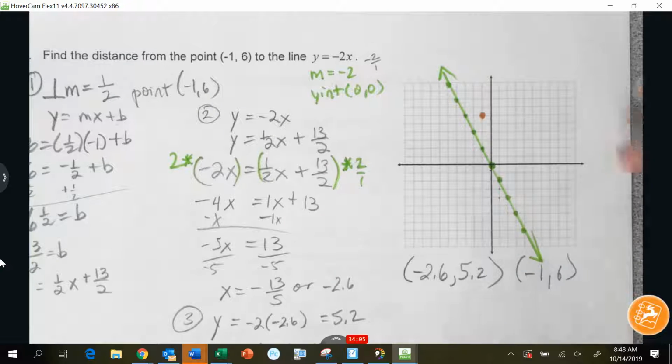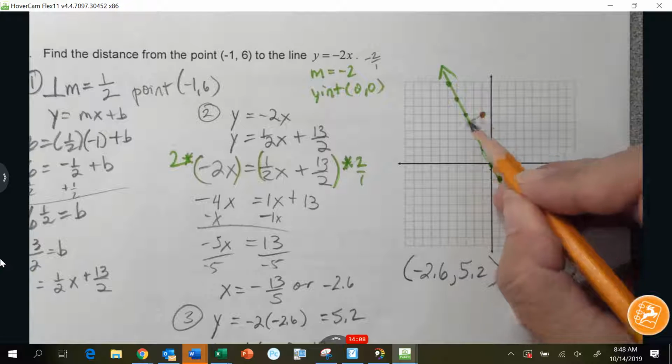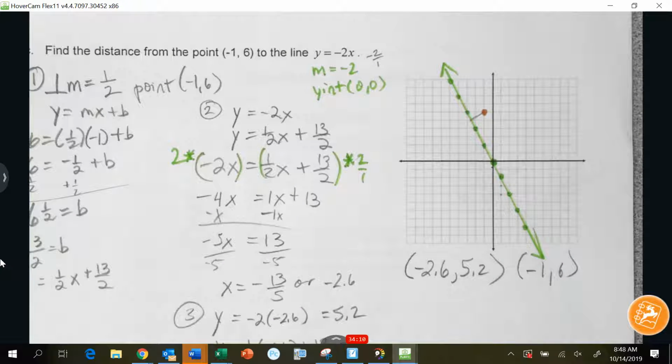So here's an example where it would be really difficult to figure out that point from the graph.